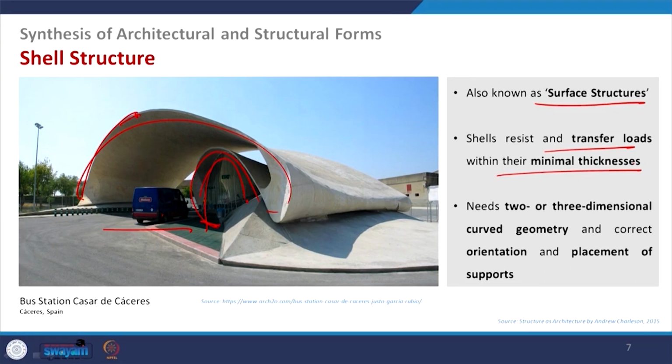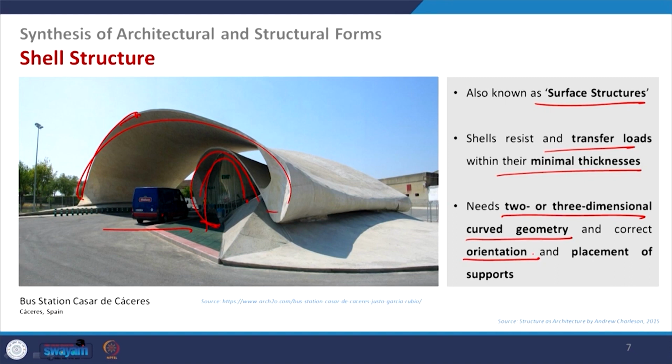The similar shell structure is used in Sydney Opera House, even in our Lotus Temple in Delhi, India. Now, for that what is required? Two or three dimensional curved geometry and correct orientation.